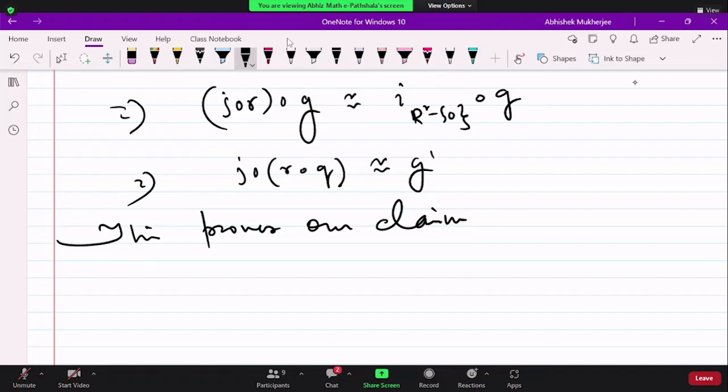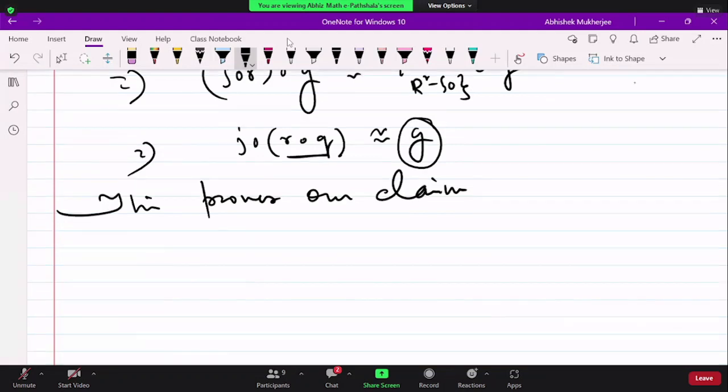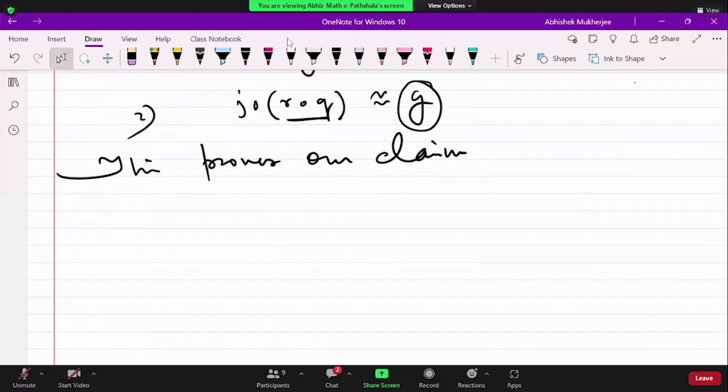Because corresponding to this G, you have R compose G, as we have said, and they are homotopic paths. The map J compose R compose G is homotopic to G.